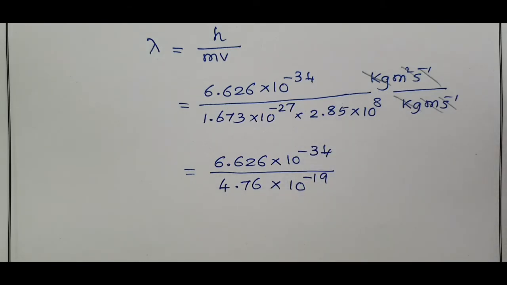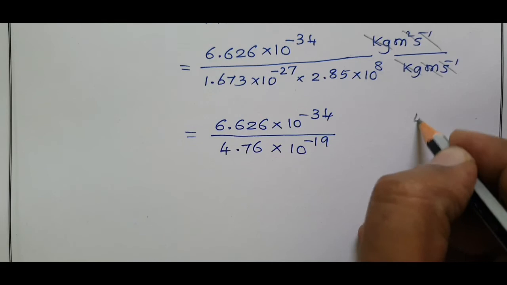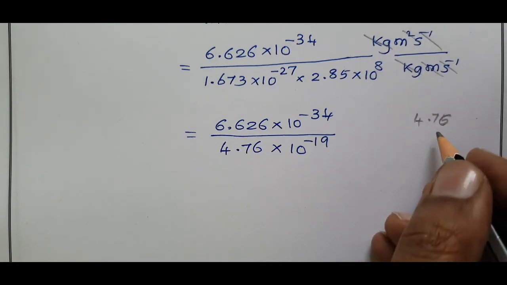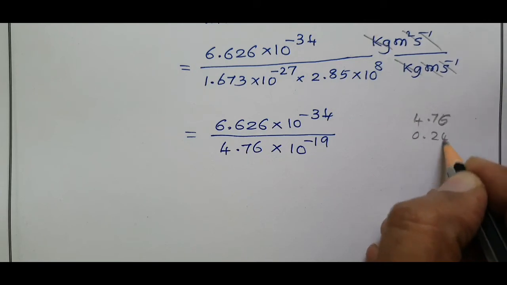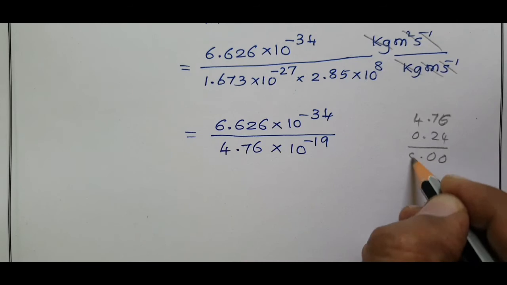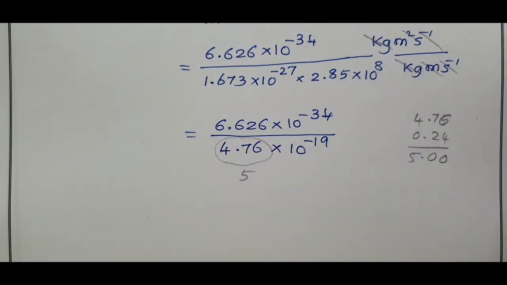For easy cancellation, I now convert the denominator number into the nearby whole number. To 4.76, if you add 0.24, it is converted into the nearby whole number 5.